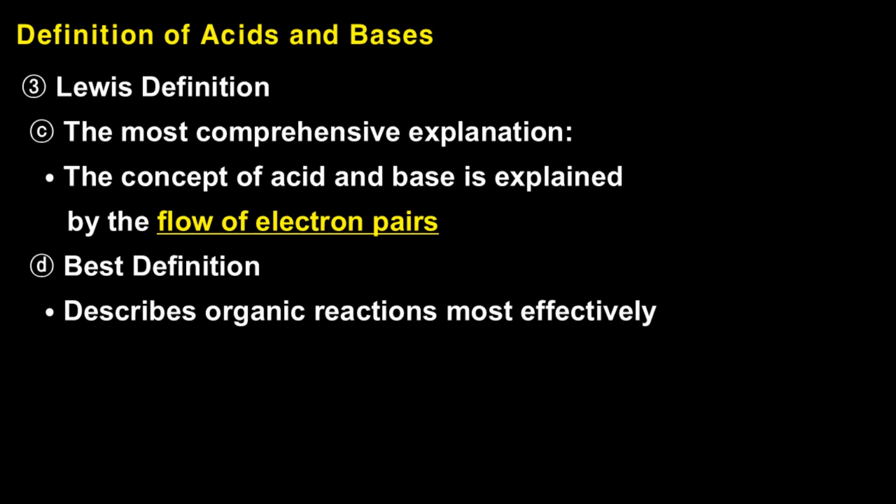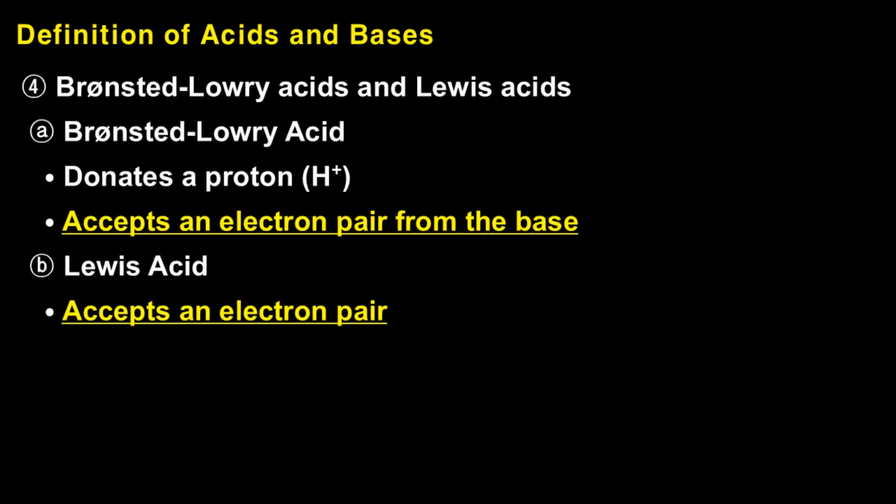Because it applies so broadly, the Lewis definition is considered the most comprehensive acid-base theory we have. It helps us explain reactions that the other definitions just can't. That's why, in so many cases, chemists rely on the Lewis acid-base concept to analyze complex reactions, whether it's in organic, inorganic, or coordination chemistry.